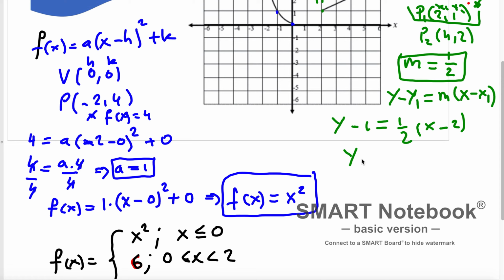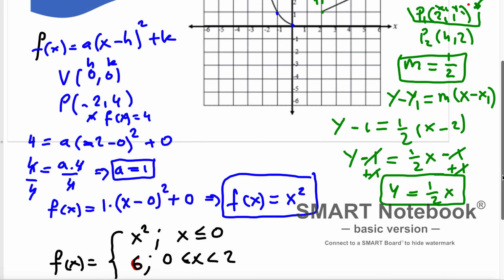Let me simplify a little bit. 1 over 2 times x is 1 over 2 x. But 1 over 2 times minus 2 is going to be minus 1. Adding 1 to both sides, this is going to cancel, and now y is going to be 1 over 2 x.